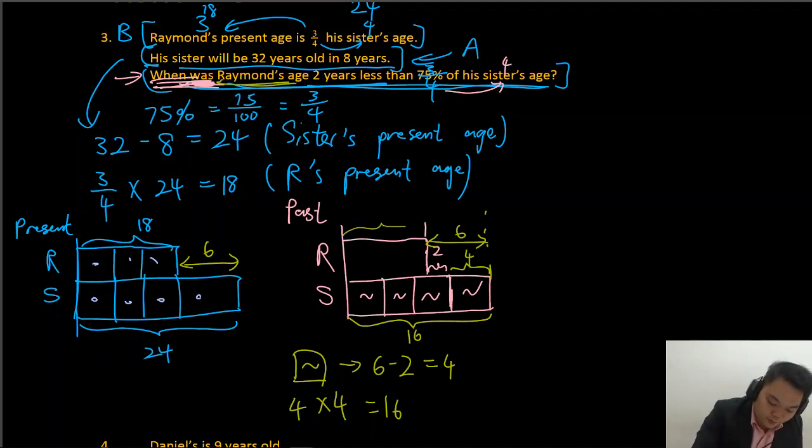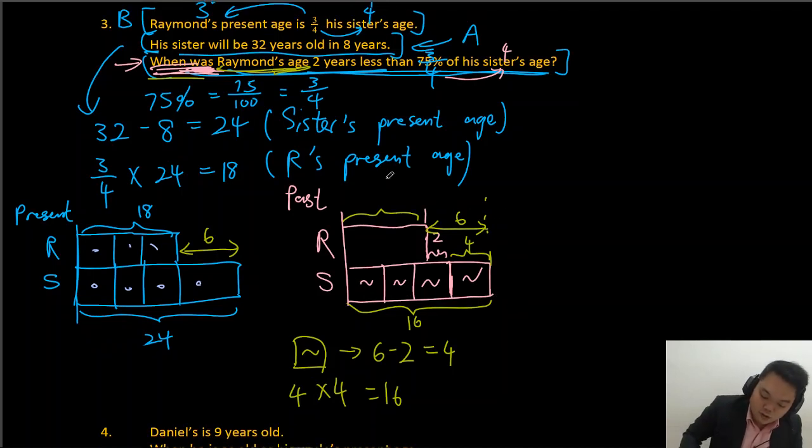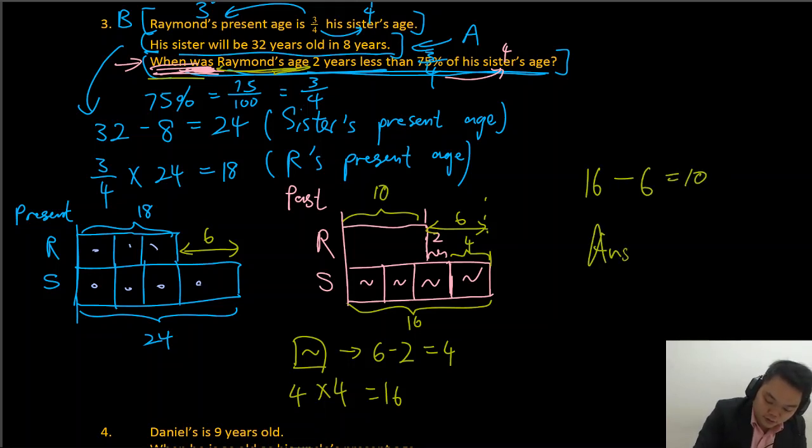So over here, we want to find out Raymond's age in the past. If the sister was 16 years old, Raymond was 6 years less than her. So this would be 16. Let me write it here. 16 minus 6 to give you 10. So Raymond must be 10 years old.